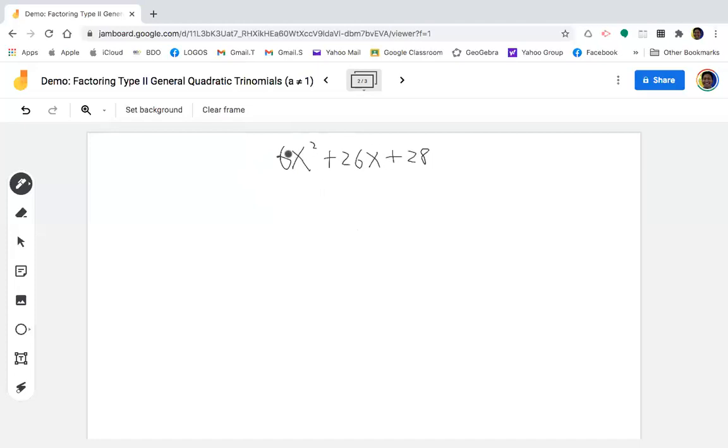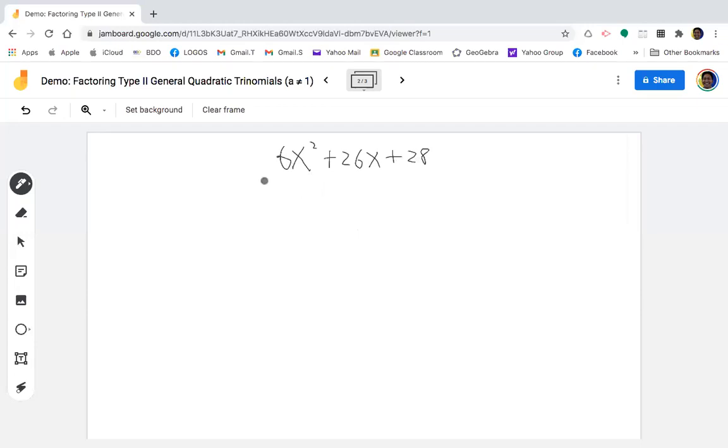If it's already in that order, then you can start first looking for the greatest common factor. Is there a greatest common factor or a common monomial factor? Let's see. Well, all coefficients can be divided by 2.